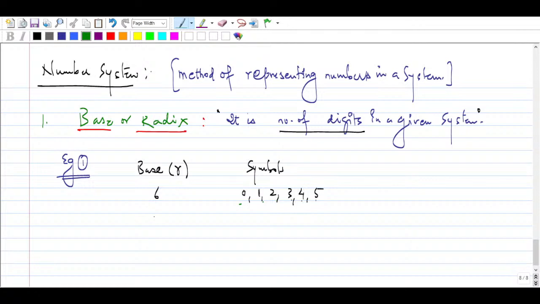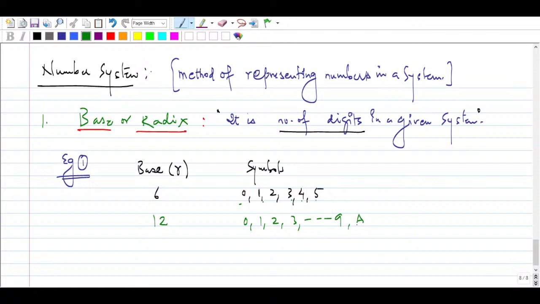So there are 6 symbols, right? And if I talk about base 12, you will start with 0, 1, 2, 3, and so on, up to 9.